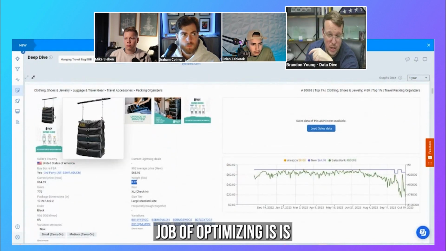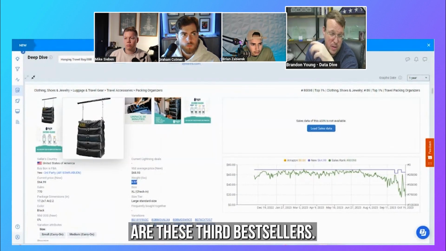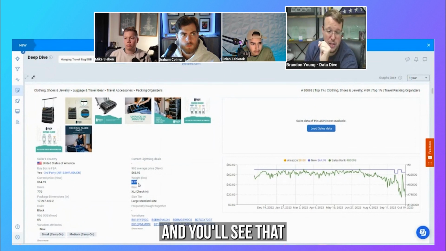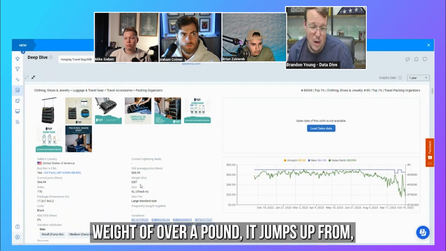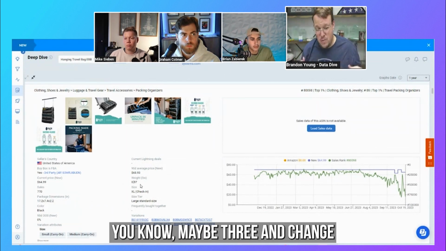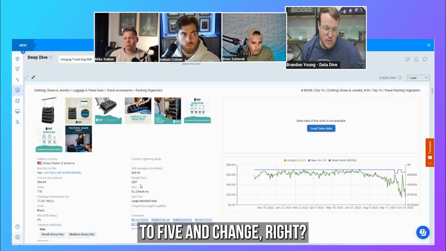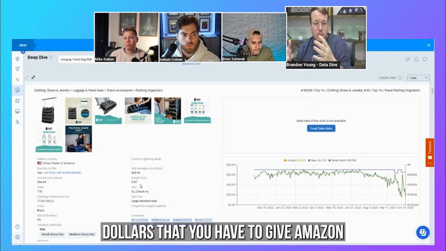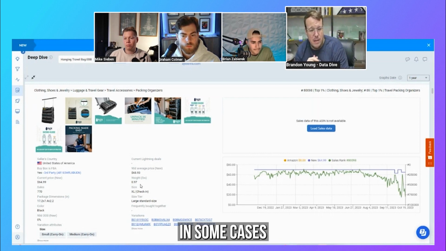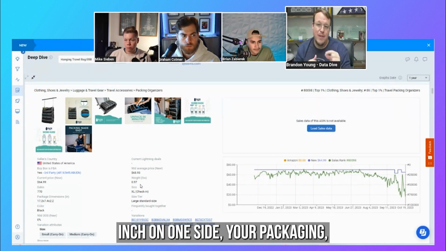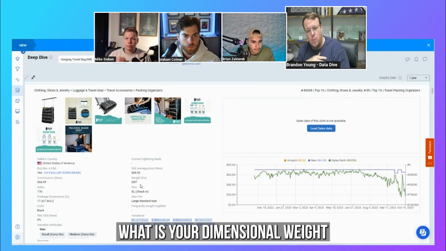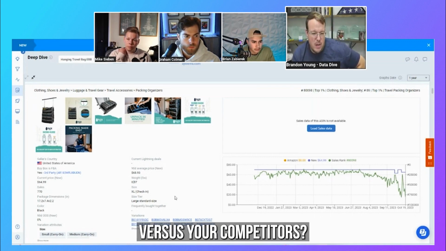Another one that did a great job of optimizing are these third best sellers. And you'll see that makes a big difference. Once you get into the dimensional weight of over a pound, it jumps up from maybe 3 and change to 5 and change, right? It's an extra couple dollars that you have to give Amazon in some cases just by going up by a quarter inch on one side of your packaging. What is your dimensional weight versus your competitors?